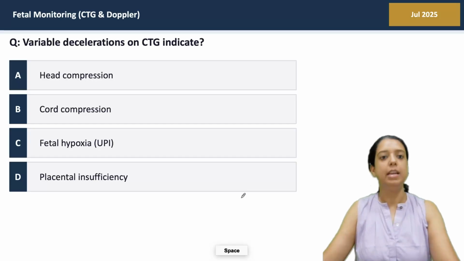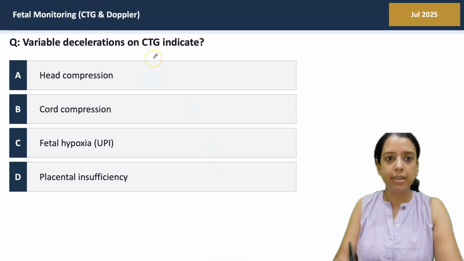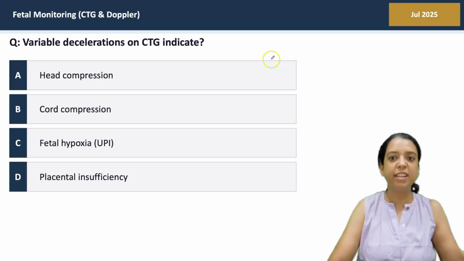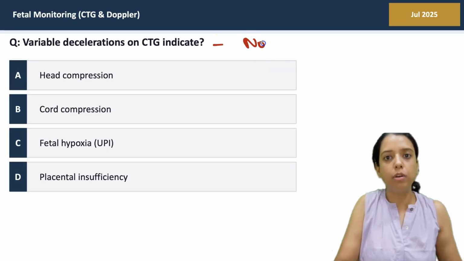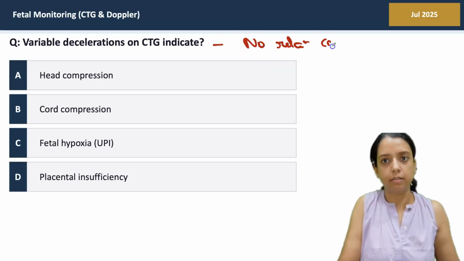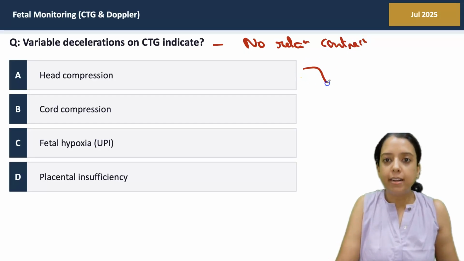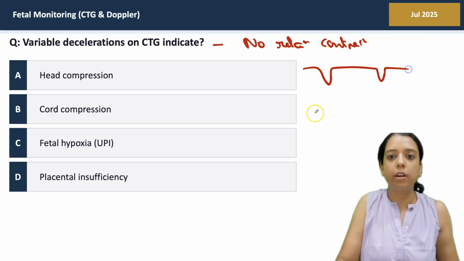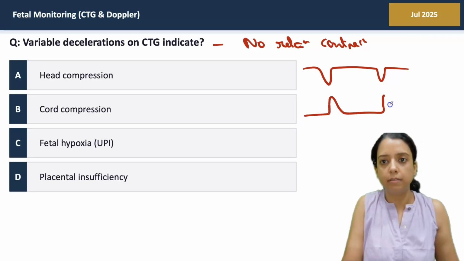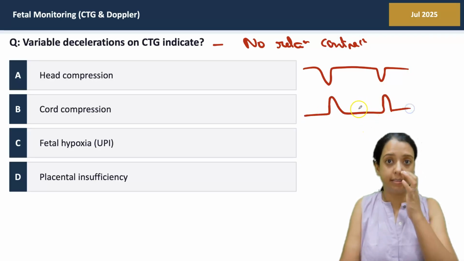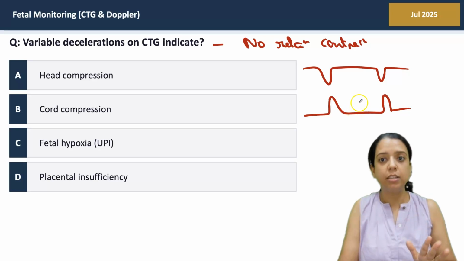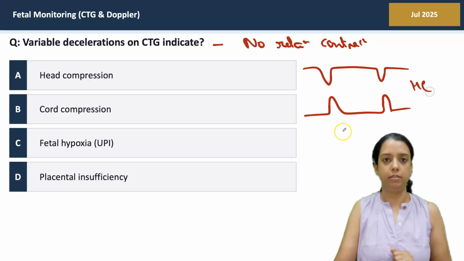Fetal monitoring. Variable deceleration on CTG indicates what? Variable has no relation to contraction. So remember, when the deceleration directly corresponds to the contraction, it is early deceleration. Early deceleration is due to head compression.